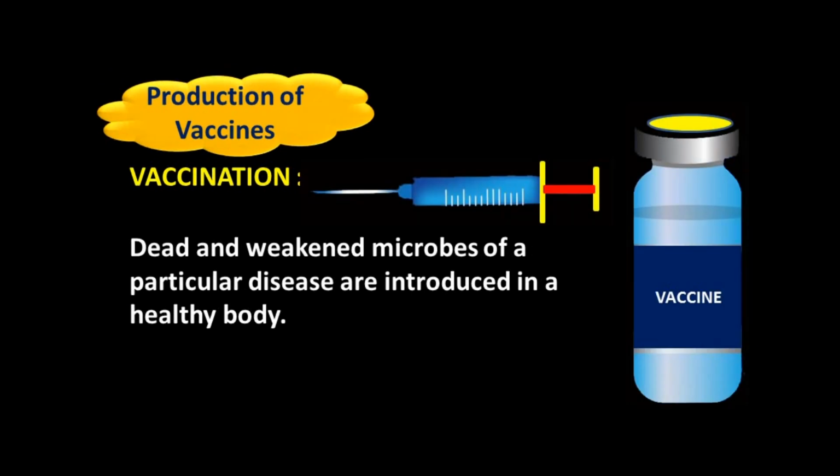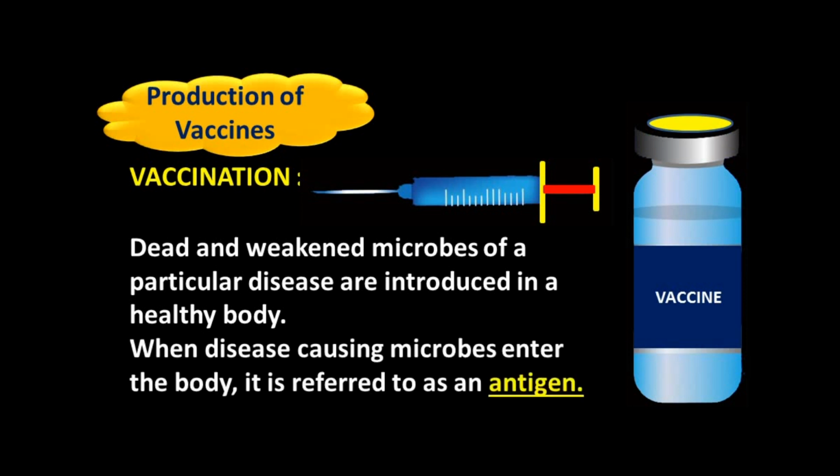Dead and weakened microbes of a particular disease are introduced into the healthy body. When disease causing microbes enter the body, they are referred to as an antigen. What is an antigen? An antigen is a substance that causes your immune system to produce antibodies against it.